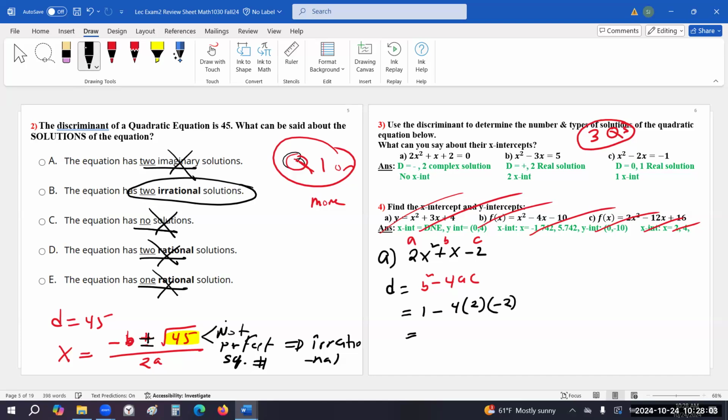I'm asking a question, so you're supposed to answer me. So what do you get from negative 4 times 2 times negative 2? Positive or negative? Negative and negative turn into a positive. So it's actually positive 16. So our discriminant is a positive number.